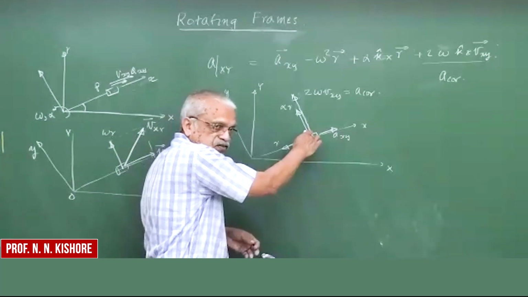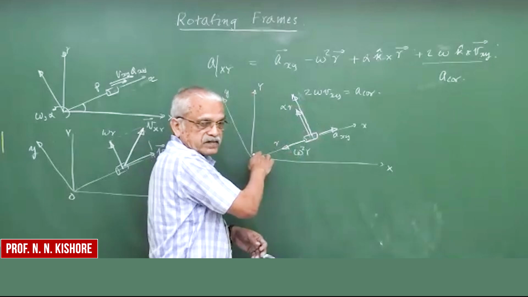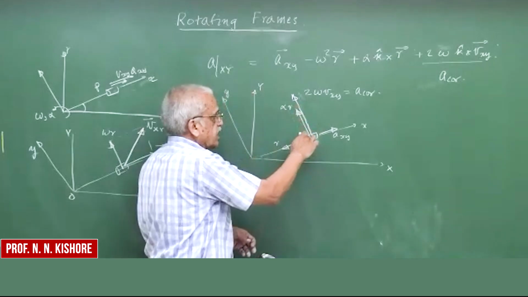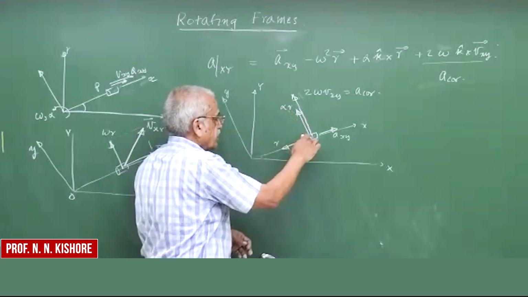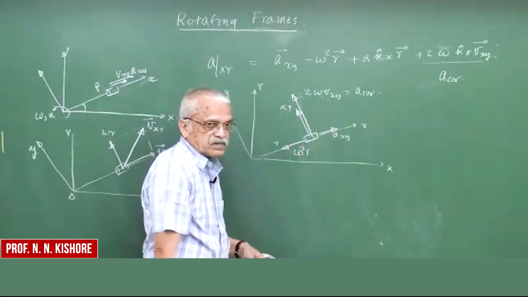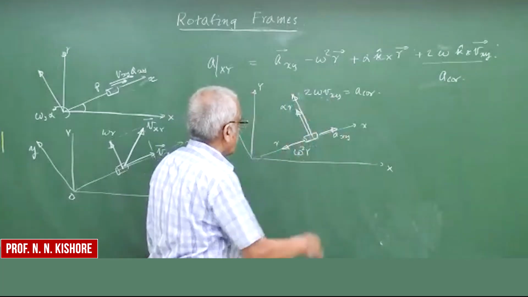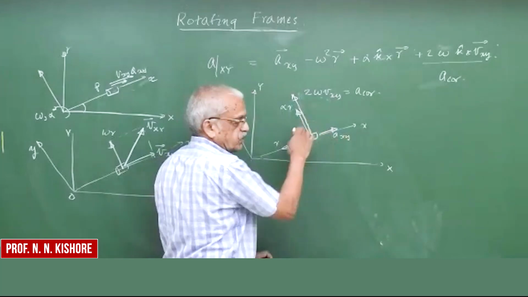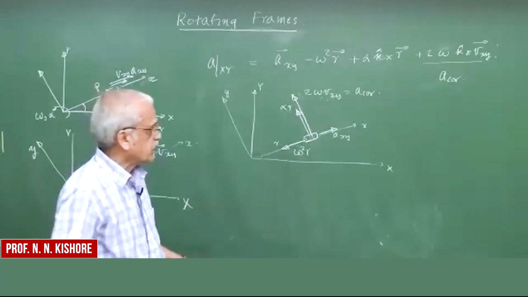That means p is staying there and rotating with omega, so you have a centripetal acceleration. Now p is also rotating with alpha of the rotating frame, so you have alpha r. And then the last term is the Coriolis component. These 4 components, 1, 2, 3, 4, you have to add vectorially, and that is the total acceleration.